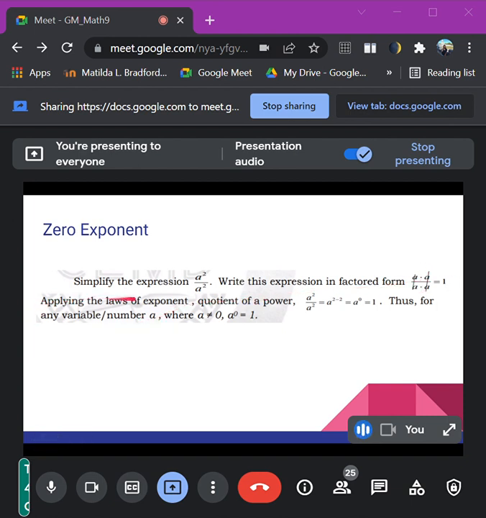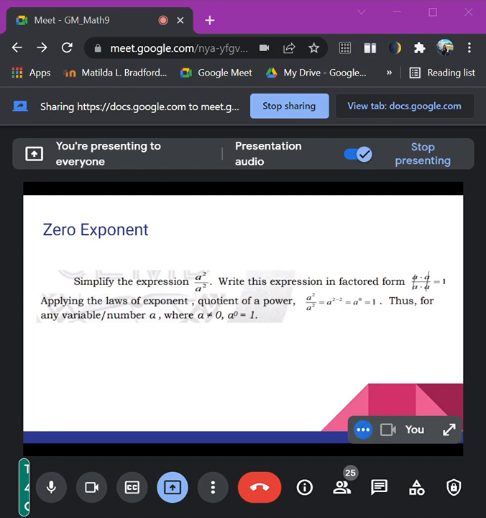Applying the quotient of a power, we subtract because the bases are the same: 2 minus 2, that is a raised to 0. So here we get the zero exponent. And remember that if the exponent is 0, your answer is always equal to 1.